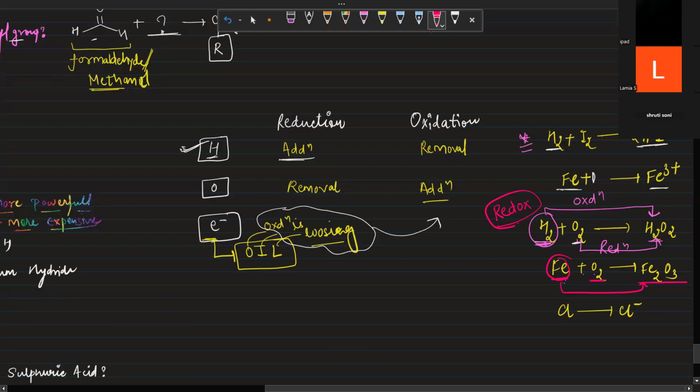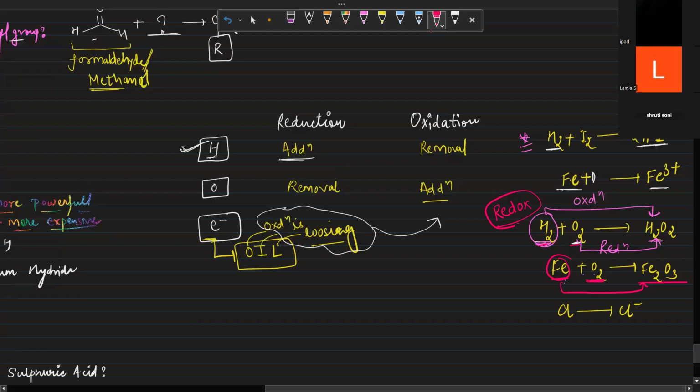The first thing which we are using is the reactant, and then, let's suppose I'm writing here O2, so O2 will be added to iron. In the case of hydrogen, oxygen is added into the hydrogen. That's how it works. So in this case, O2 is added into Fe.